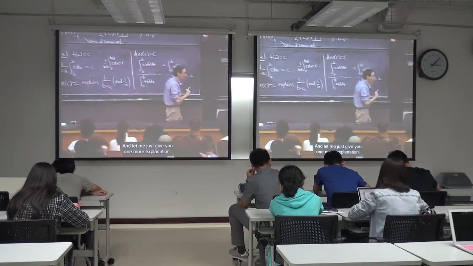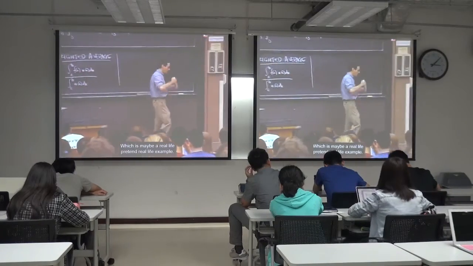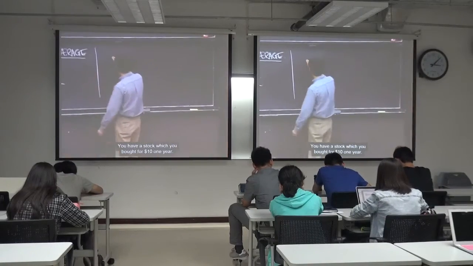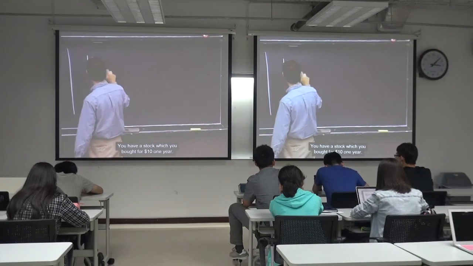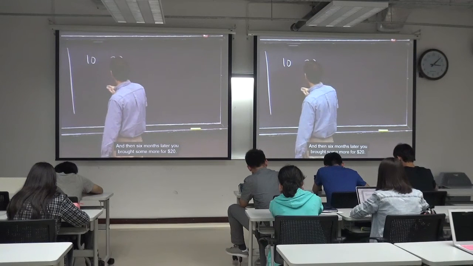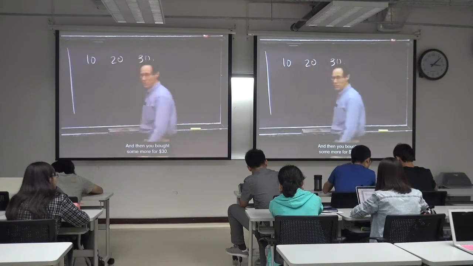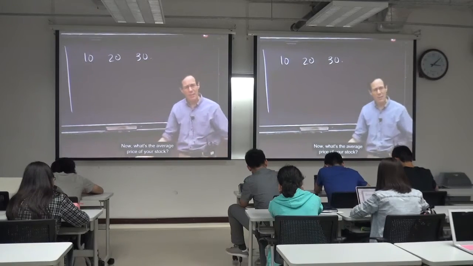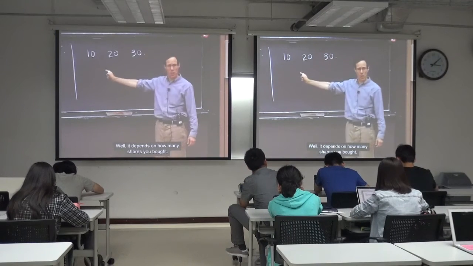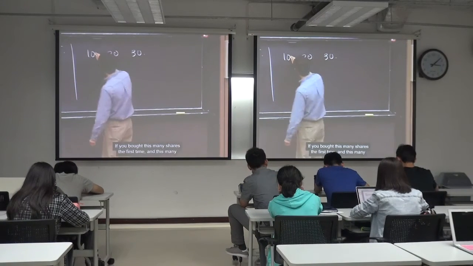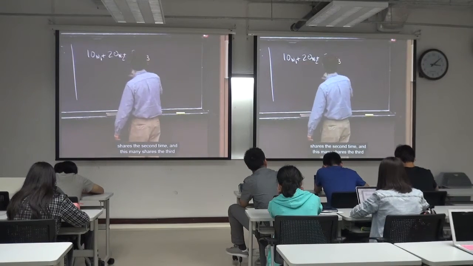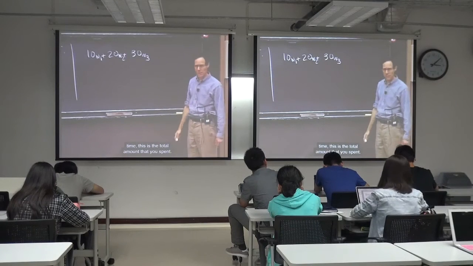And let me just give you one more explanation, which is maybe a real-life, pretend real-life example. You have a stock which you bought for $10 one year, and then 6 months later, you bought some more for $20, and then you bought some more for $30. All right? Now, what's the average price of your stock? Well, it depends on how many shares you bought. If you bought this many shares the first time, and this many shares the second time, and this many shares the third time, this is the total amount that you spent.